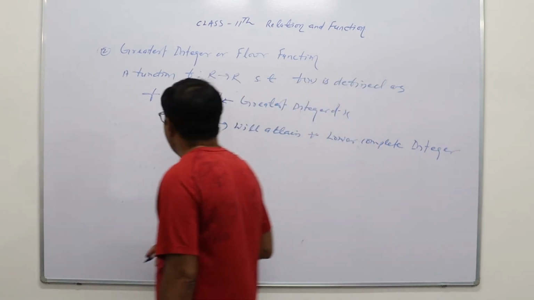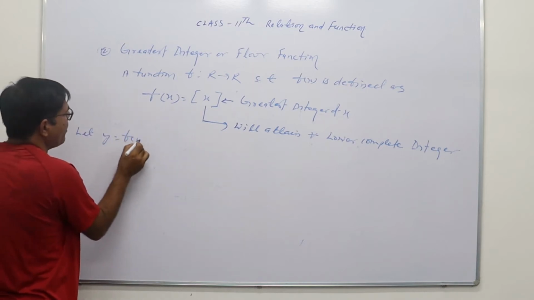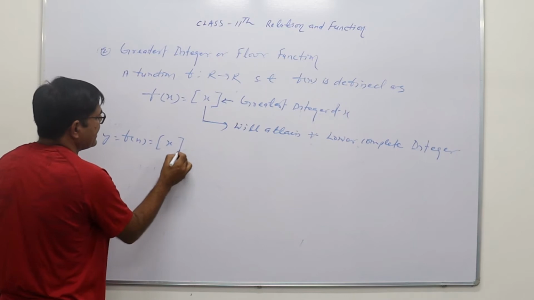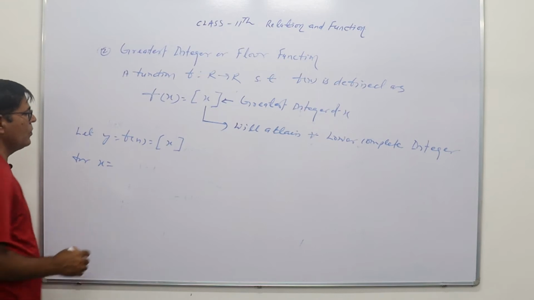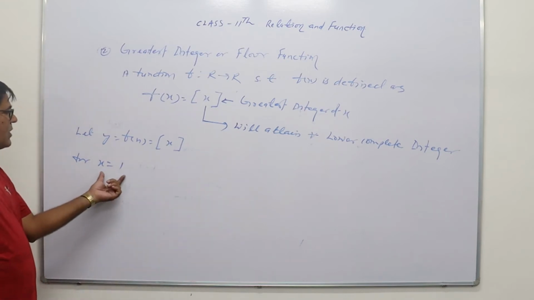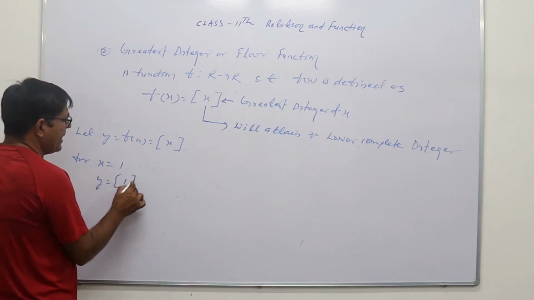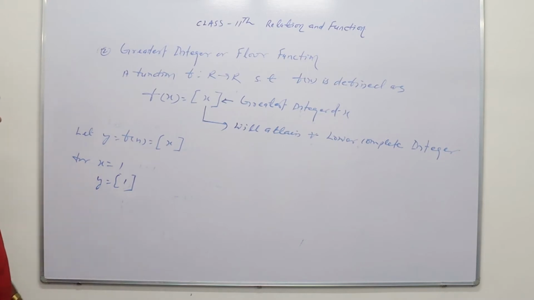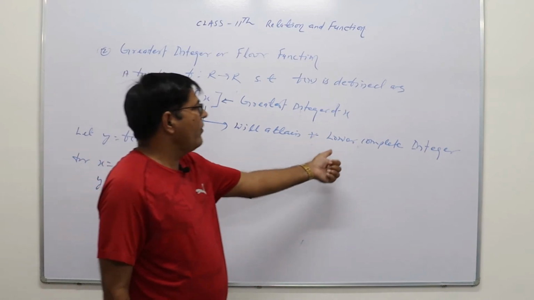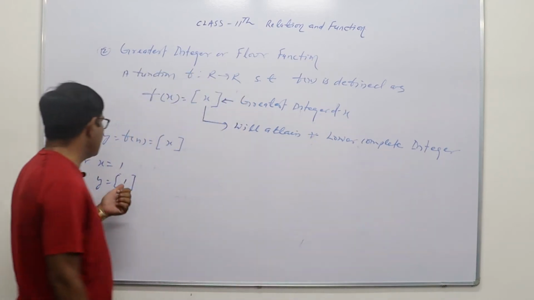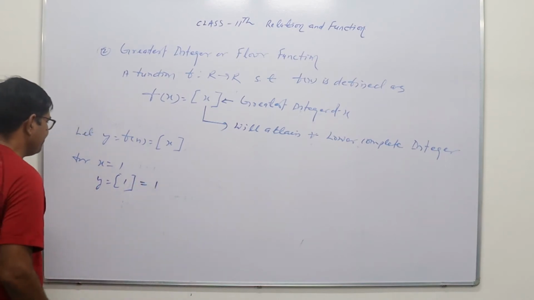So for example, let y is equal to f of x, defined as greatest integer of x, and for x is equal to 1. Now x is equal to 1, 1 is an integer, so y will be equal to greatest integer of 1, and by the definition, greatest integer of 1 will always attain the lower complete integer, because this 1 is itself an integer, so its value will be equal to 1.